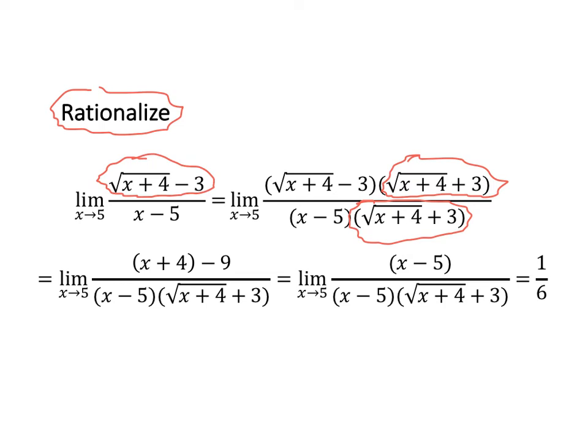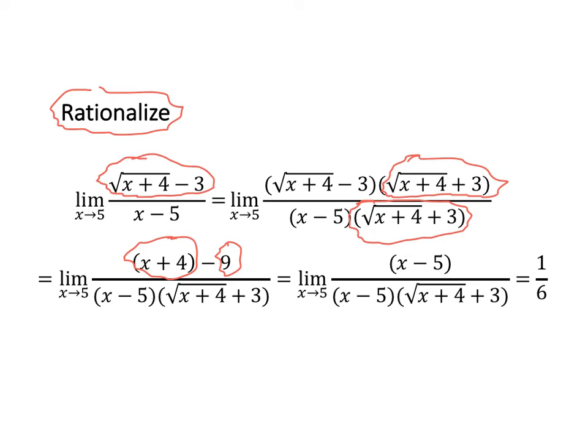Now, if we FOIL the top, we end up with the square root of x plus 4 squared, which is simply x plus 4, minus 3 times 3, minus 9. The denominator is x minus 5 times the square root of x plus 4 plus 3.